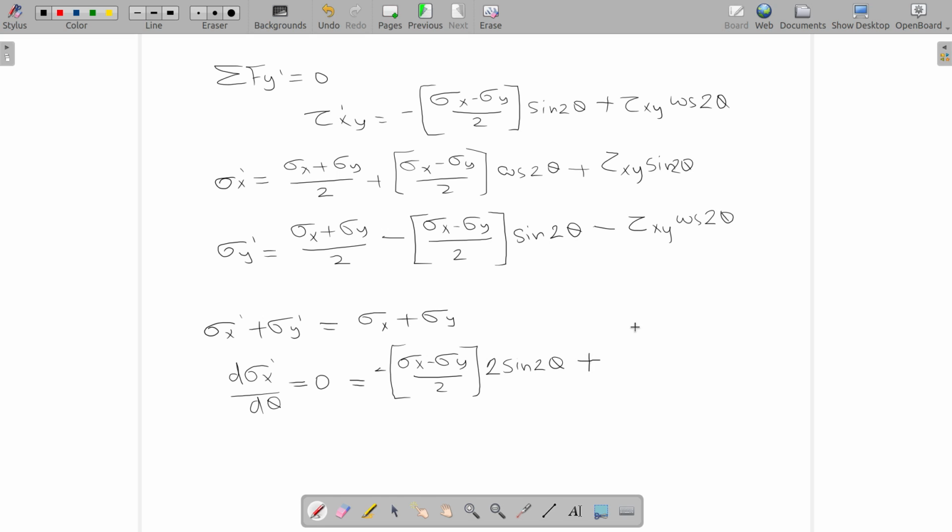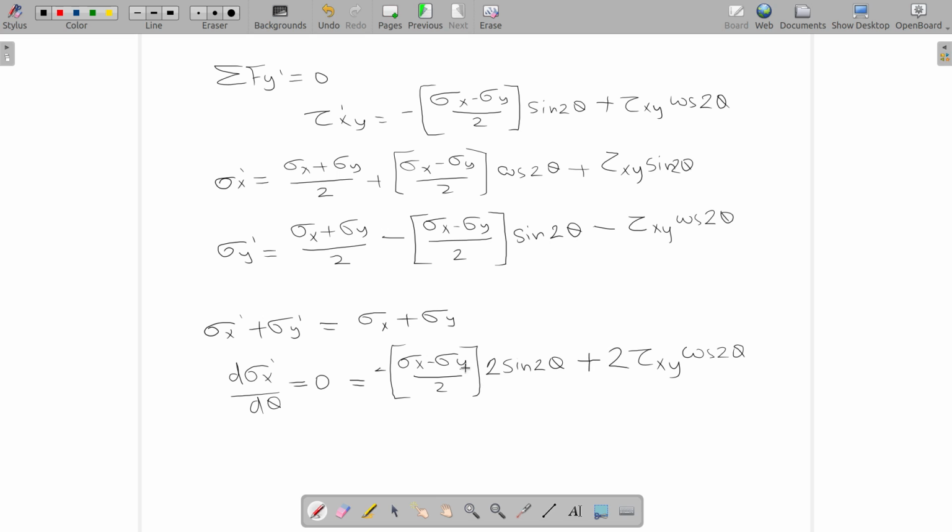And the derivative of sin 2 theta will be 2 cos 2 theta, right? So this is equal to 0.